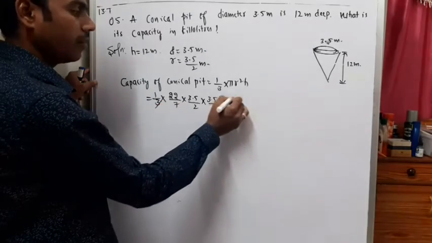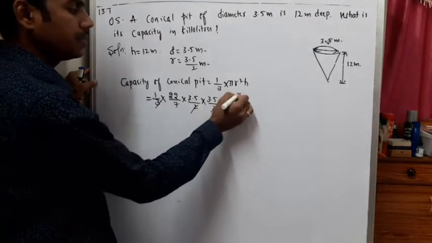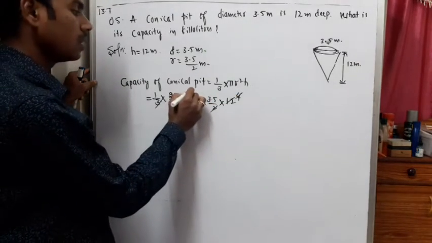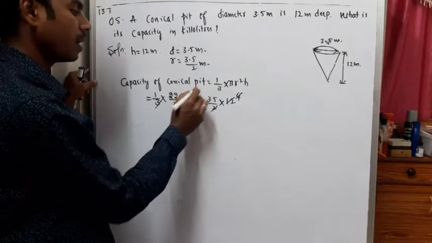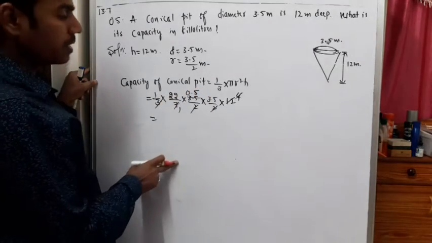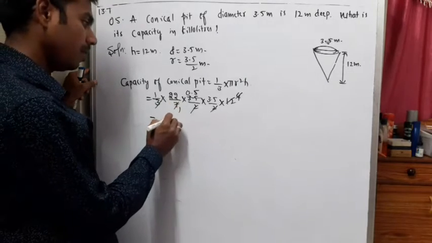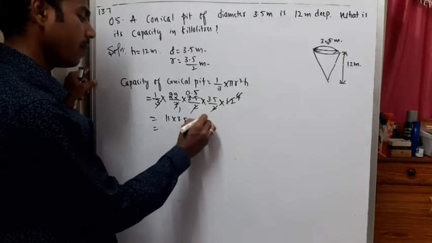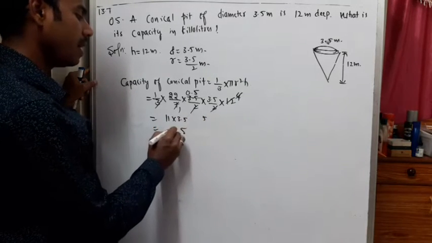3 4s are 12. These two 4s will get cancelled. 7 1s are 7. 7.5. Okay. So 22 multiplied by 0.5 is nothing but 11 into 3.5. 11 5s are 55. 11 3s are 33 plus 5, 38.